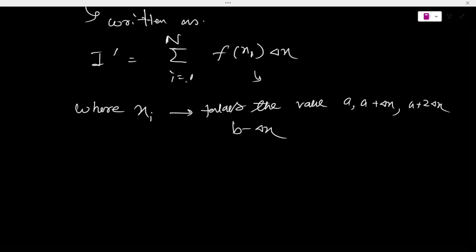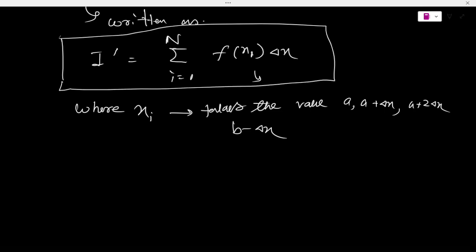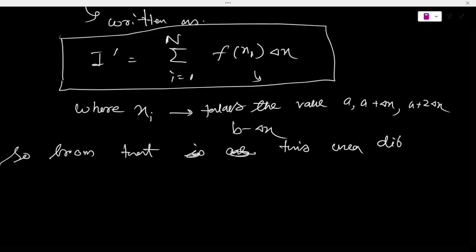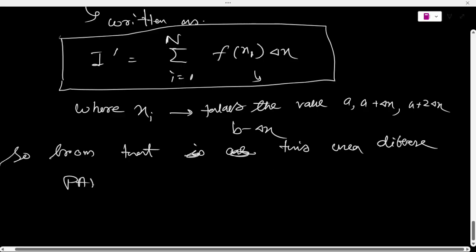So from that, this area differs from PABQ.